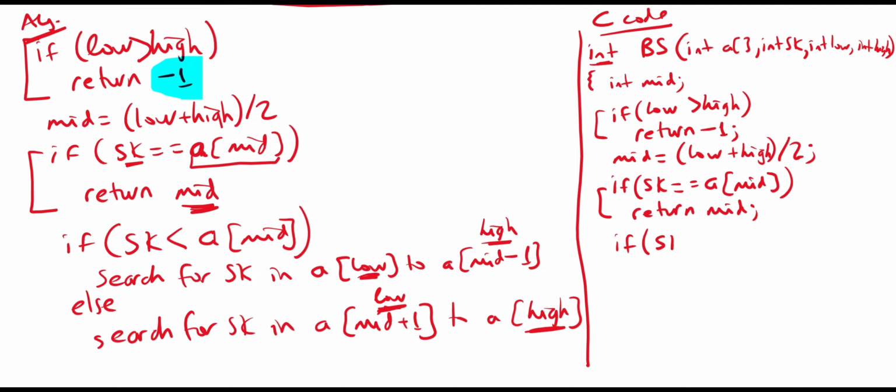Then I'm checking if search key is less than a mid. If it is, then I am saying return binary search, calling the function again with the array A, with the search key, with the low and mid -1.